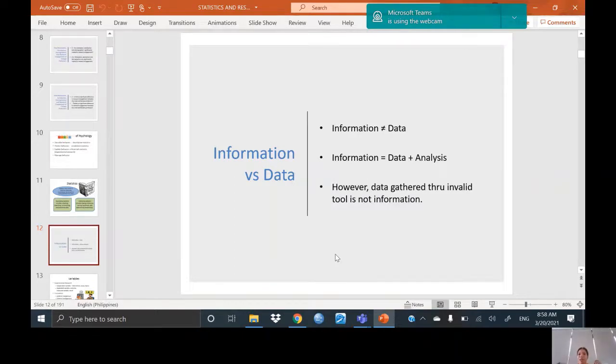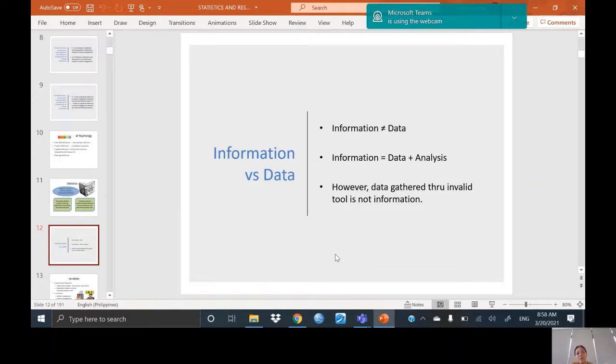Ibig sabihin, you have given certain value or meaning to the data that you have gathered. Then you have information. However, any data that you have gathered with the use of an invalid tool is not in any way information.